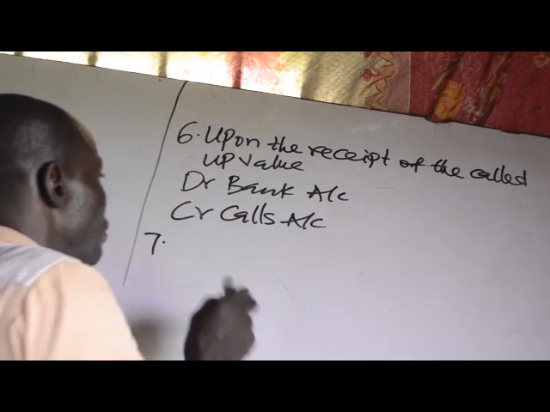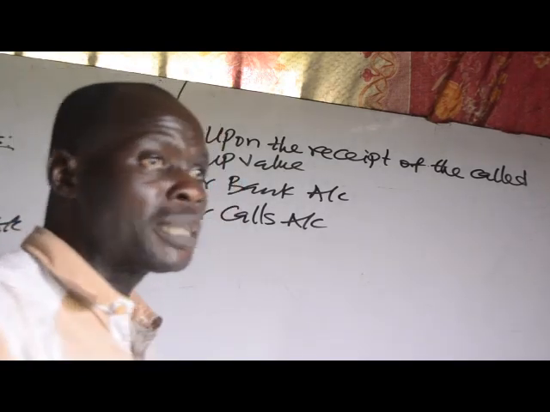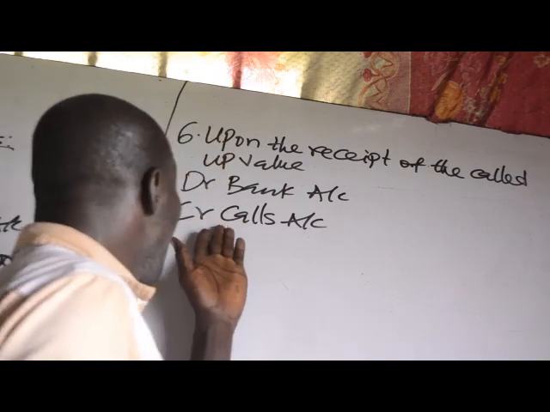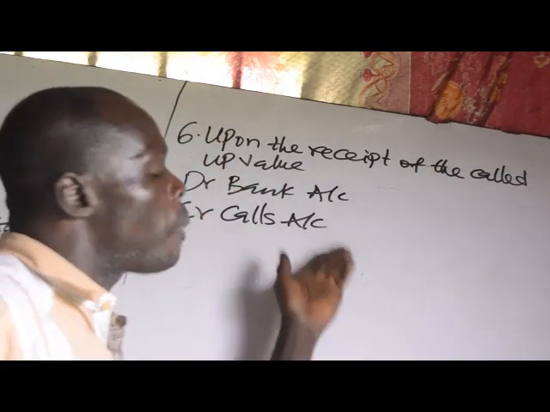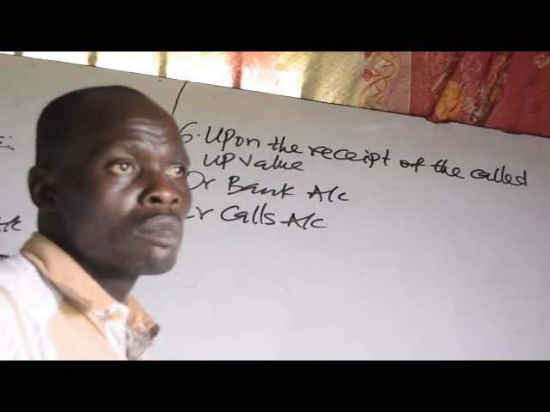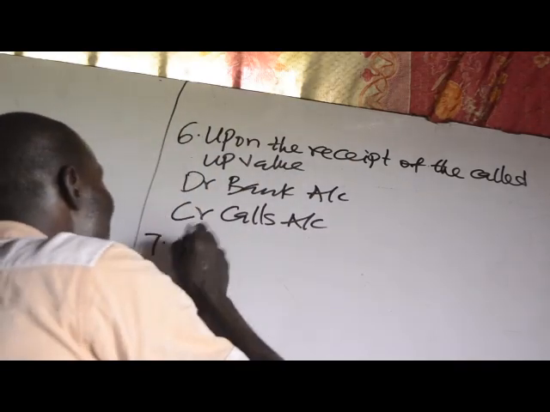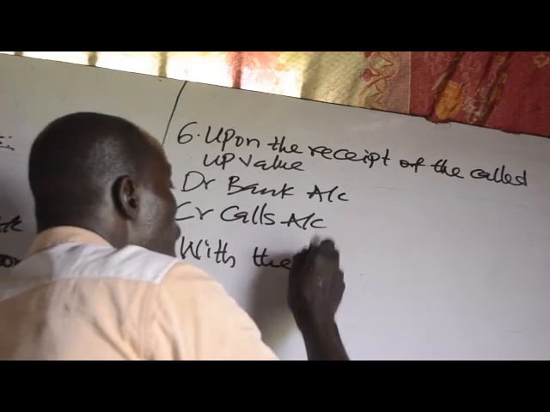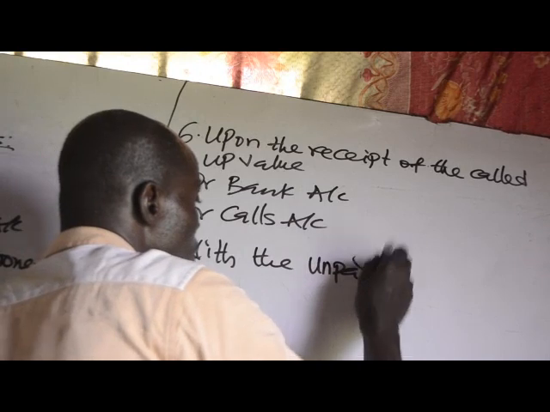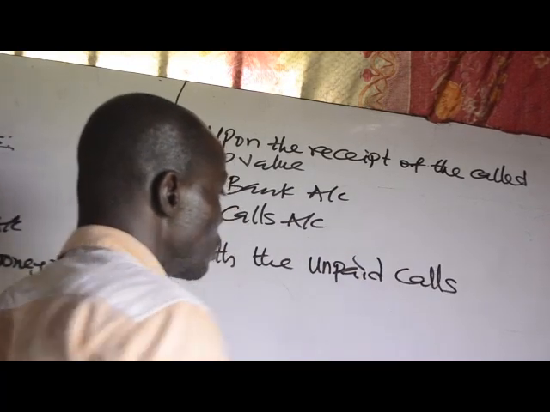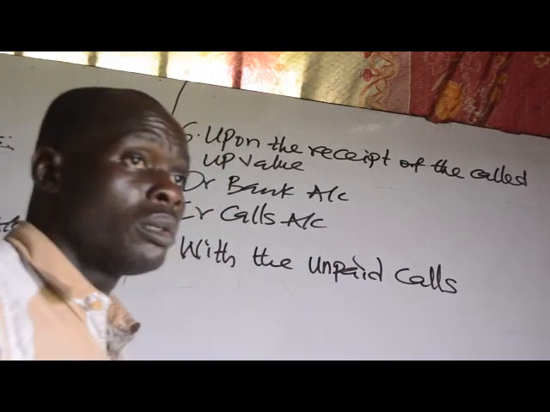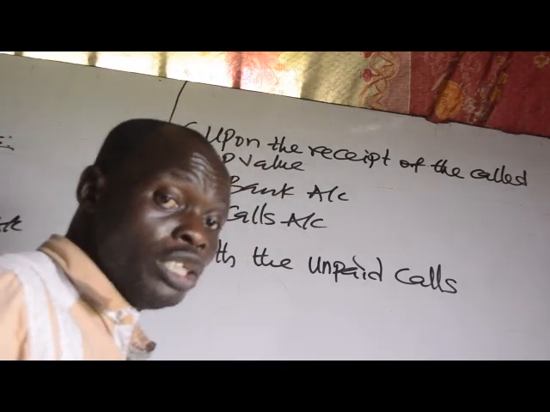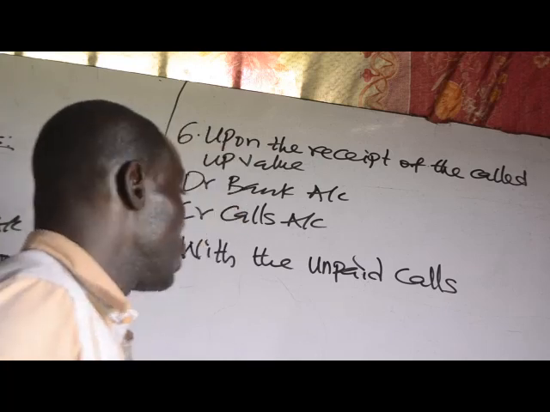Number 7. It is possible some shareholders may fail to pay the called up value, with the unpaid call. With the unpaid call now, call account will be created when a certain amount is due on call and not yet paid.